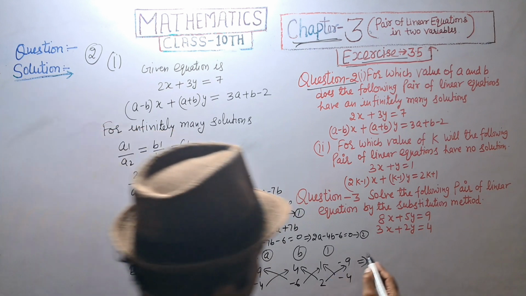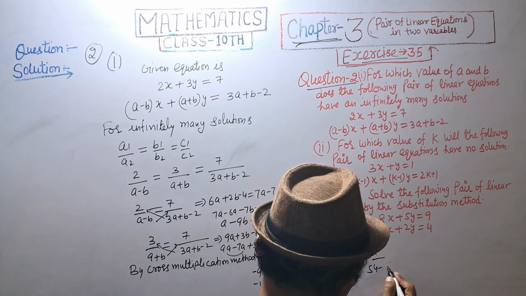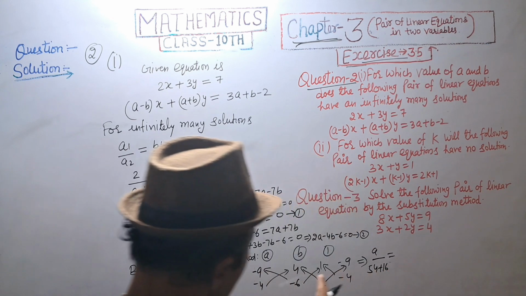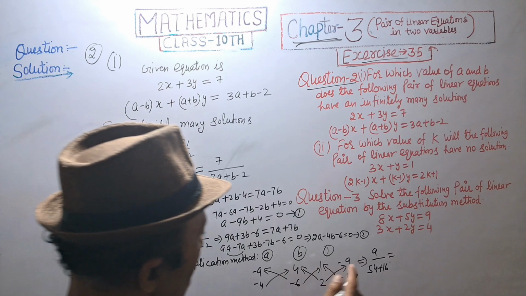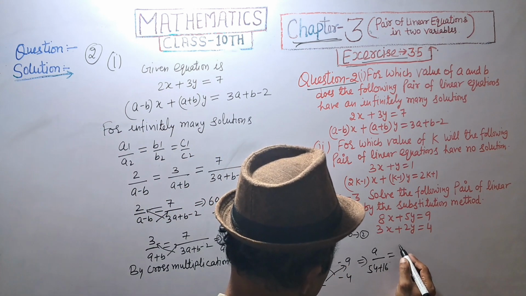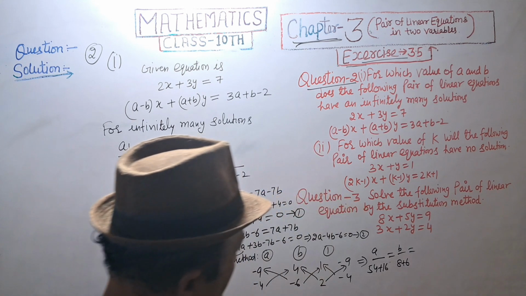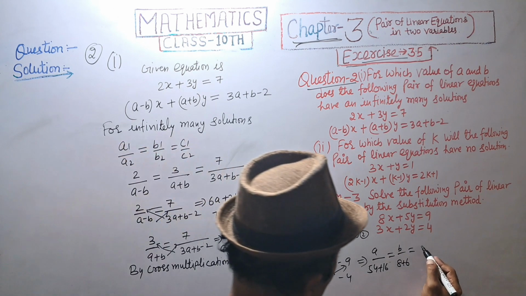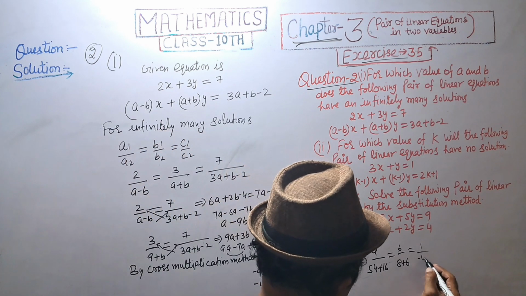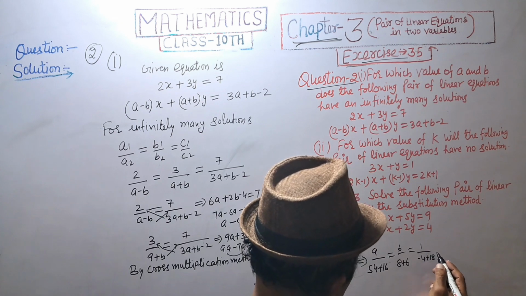This implies a upon 54 plus 16 is equal to b upon 8 plus 6 is equal to 1 upon minus 4 plus 18.